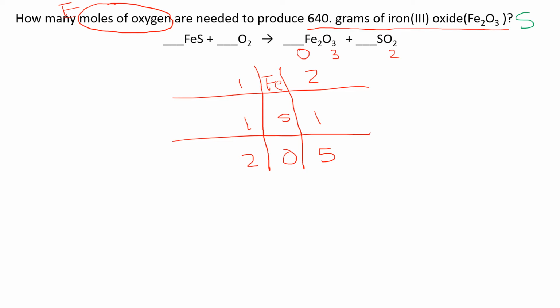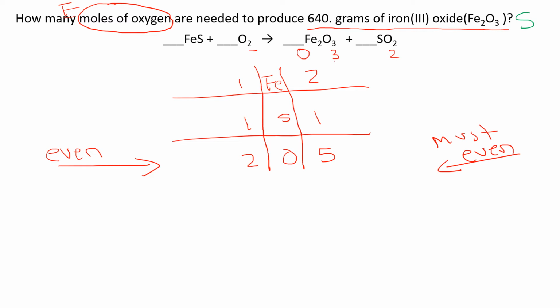Okay. Before I start balancing it, I want you to look at this side. Oxygen is only here, and there's 2 of them. So I can only have an even number on this side, which means I must have an even number on this side, okay?